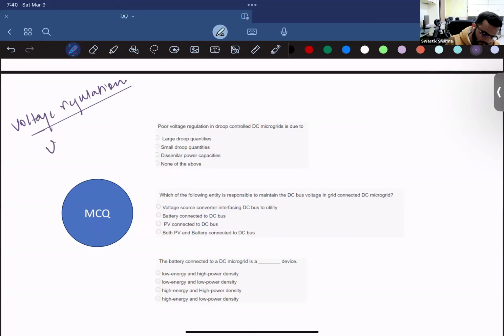So V at some X percent of load minus at no load divided by X. This is your voltage regulation. It is poor if this quantity is more. So if this is more, that means the deviation is high. If the deviation is high, it's only due to large group quantities. Any doubt?